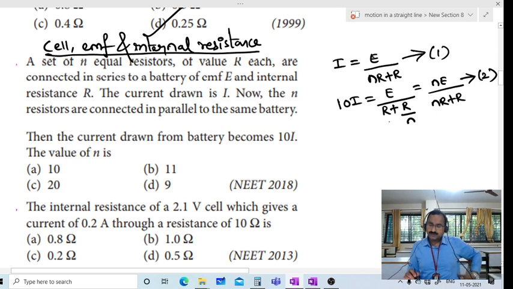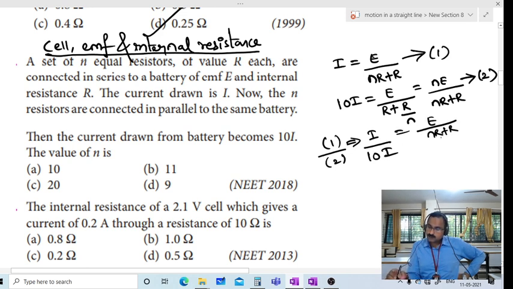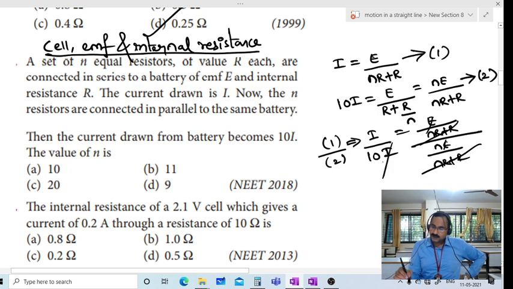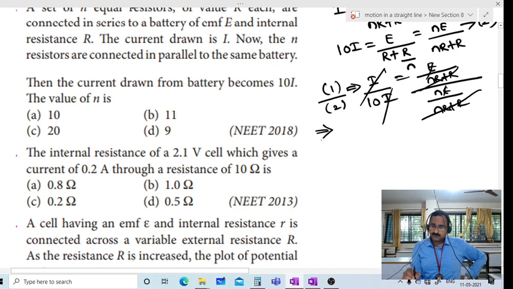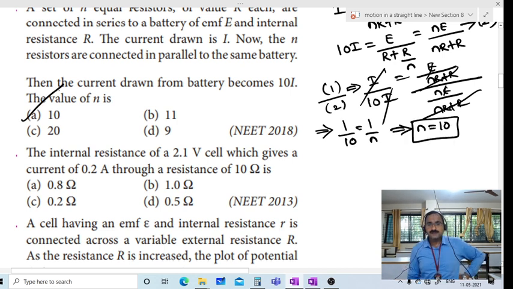Now dividing 1 by 2: I divided by 10I is equal to E divided by nR plus R, divided by nE by nR plus R. The nR plus R terms cancel, E cancels, and I also cancels there. Therefore, it is the 2018 question: 1 by 10 is equal to 1 by n. Therefore, n is equal to how much is the answer we got? 10 only. That is the first option.